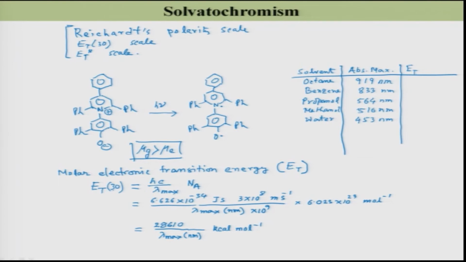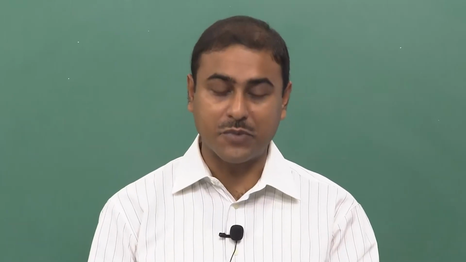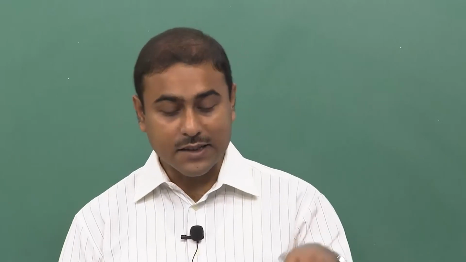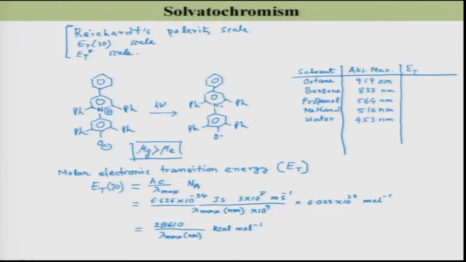That number 30 is nothing but the dye number, because when Reichardt did this study, he used a variety of dyes, and this particular dye was found to be the most useful one. In his original paper the number of this dye happens to be number 30. So, whenever I write ET30, that means it is this particular dye molecule.